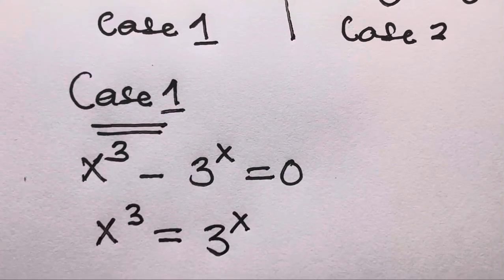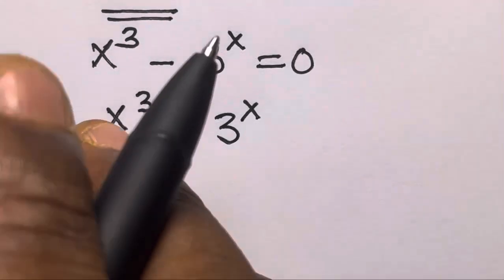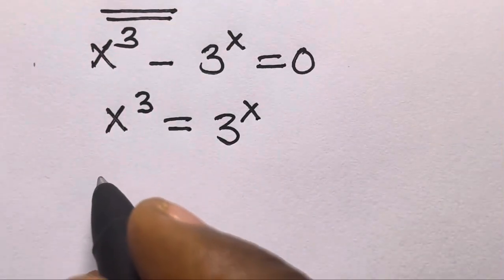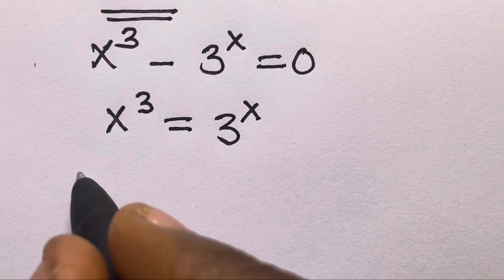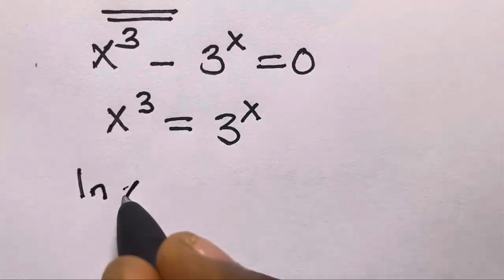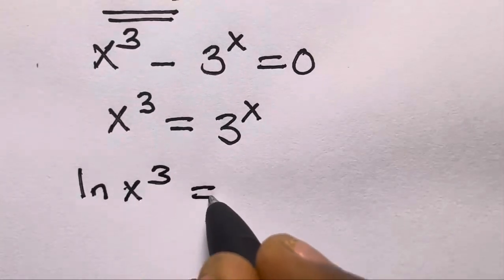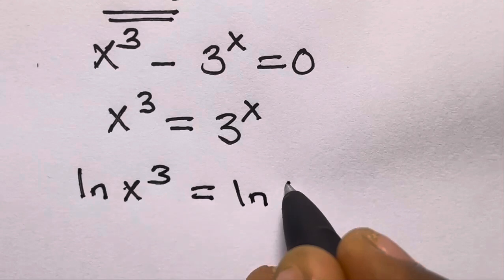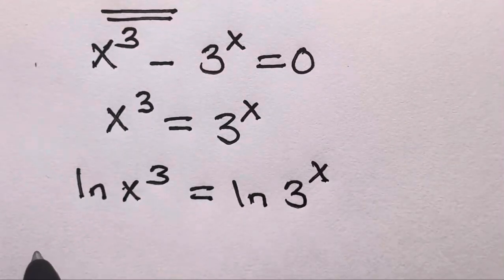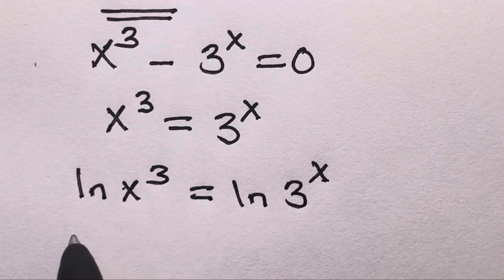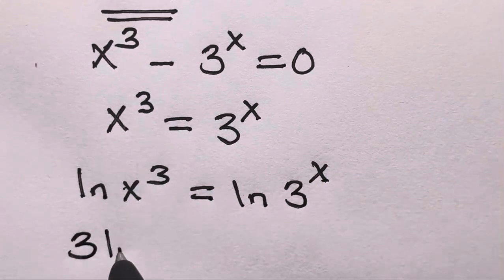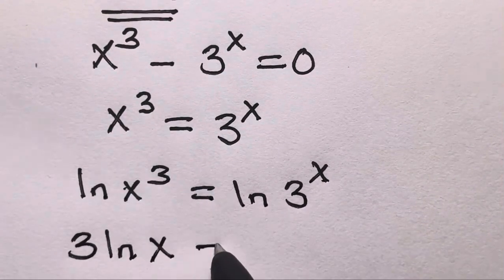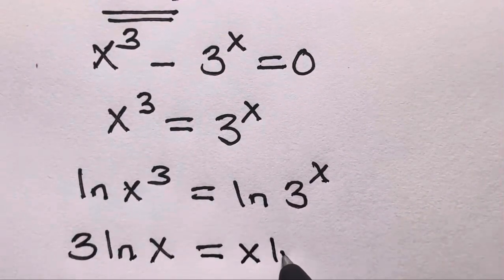Here, to obtain our x, we introduce ln to both sides. So we have ln of x raised to power 3 equals ln of 3 raised to power x. So this becomes 3 ln x equals x ln 3.